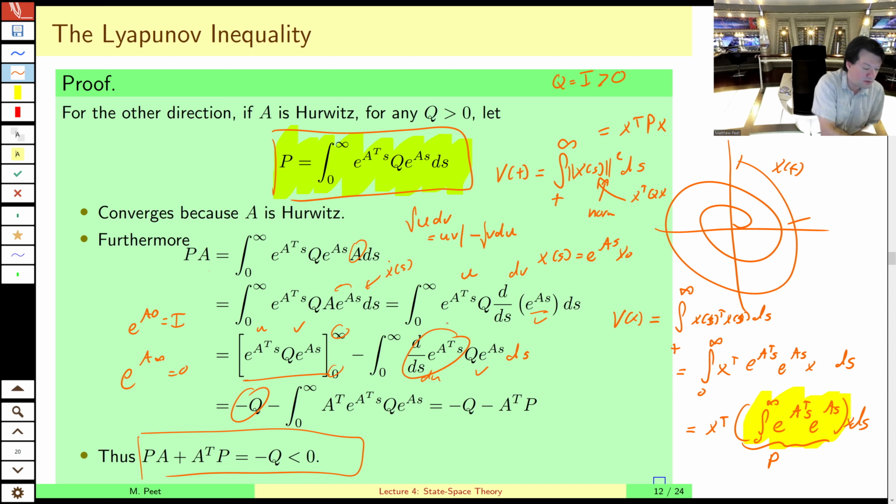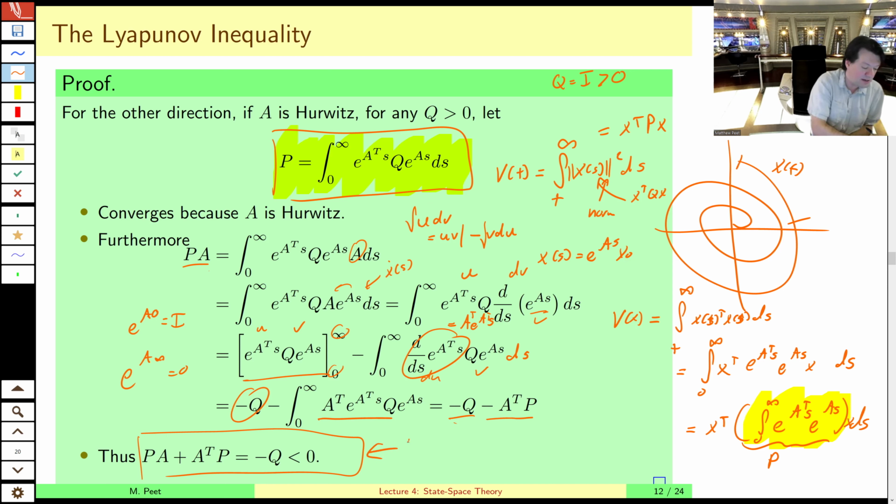Well, we know this is equal to A e to the A transpose s. And so we can just plug that matrix property in there, and we get that we have this negative Q still popping out, and minus A transpose P. So PA equals negative Q minus A transpose P. We just pop A transpose to the other side of the equation, and we get PA plus A transpose P equals negative Q, and of course Q is positive definite, so minus Q is negative definite.